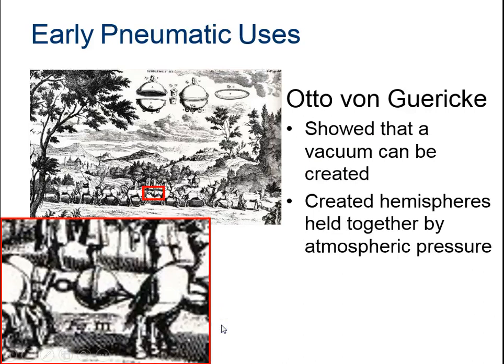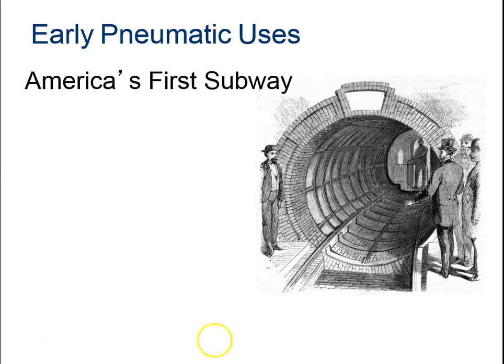This is an interesting experiment that was done by this guy, where he took 2 spheres and got a vacuum inside of there by sucking the air out. Then it was just being held together just by the atmospheric pressure. Nothing else was holding it together. And literally he hooked up teams of horses to both sides, and it was so strong that they couldn't pull it apart.